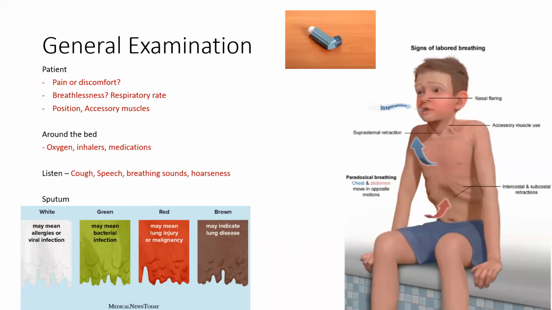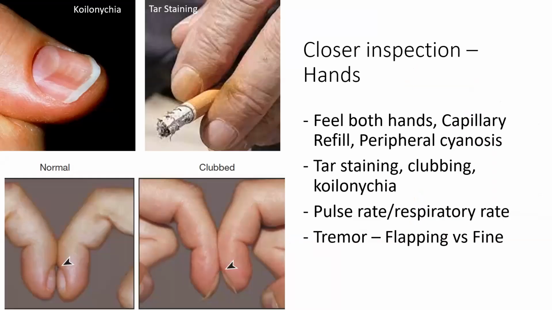Next, you can take a closer look at their hands. While their arms are outstretched, you can feel both their arms and hands, and see if they're warm on both sides. You can do a cap refill, which is pressing on the nail for about 5 seconds and seeing if the blood returns to the finger within 2 seconds, which is normal.